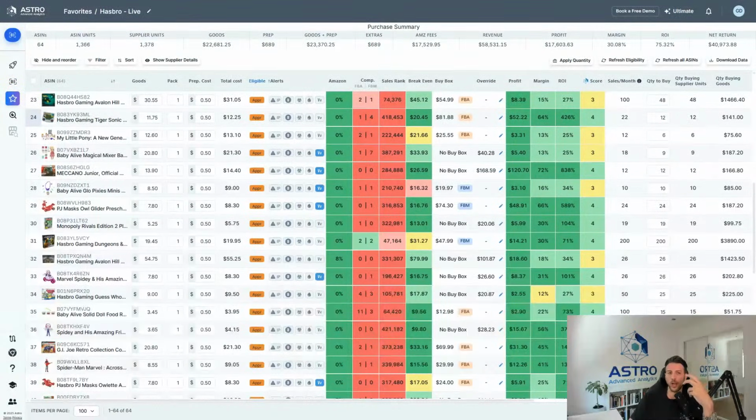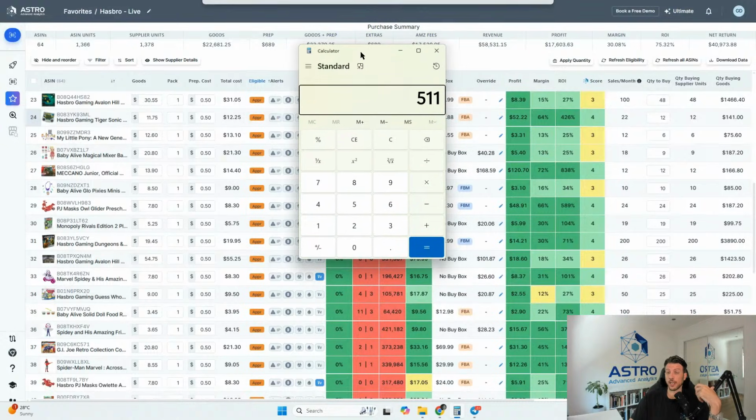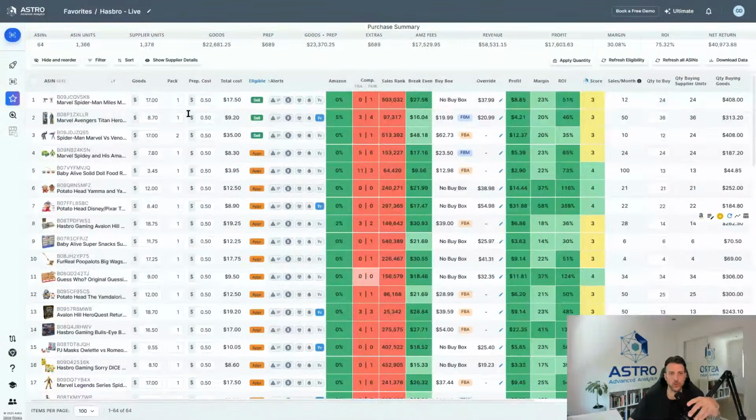So the way I quickly do that, like let's say we went off that example that I went earlier, where it was $511 worth of profit. All right. So what am I thinking? If I was to pay extra for shipping, my order would not be $1,200, like I said earlier, which is the order plus the units plus prep. It would be $1,200 plus whatever shipping is. On those units that I mentioned earlier, we're talking about 24, 36, and 12 units. So what's that?